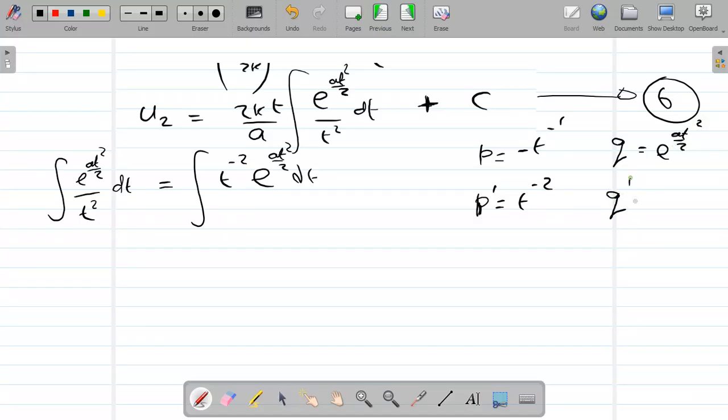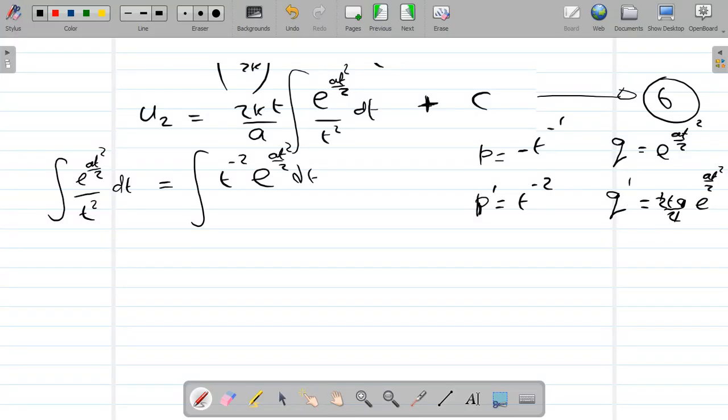So Q prime is equal to 2t a over 2 e to the a t squared over 2. I think the 2's cancel.